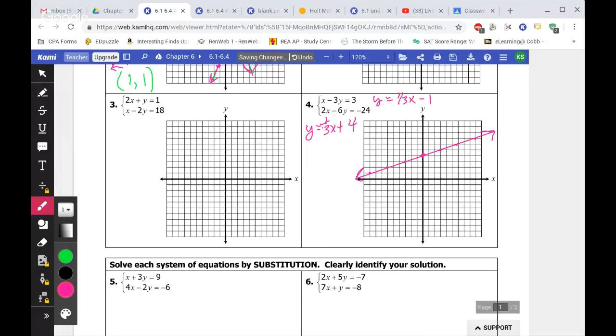All right, so that's one line. And then the other line, the y-intercept is -1. So we'll go ahead and plot that. And once again, it has the very same slope. It has a positive 1/3 slope. So if I go up 1 and right 3. Up 1, right 3.